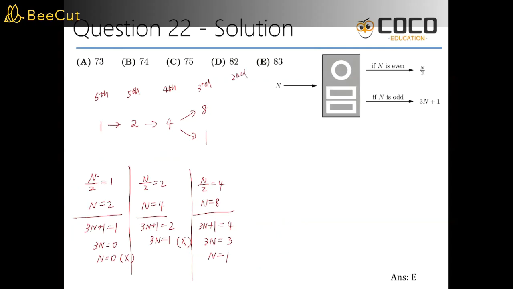Then we check second step. Now when the number is 8, n over 2 is 8, n will be 16. But if it's 3n plus 1 equal to 8, this one doesn't work. n is not a whole number, so here it can only be 16.